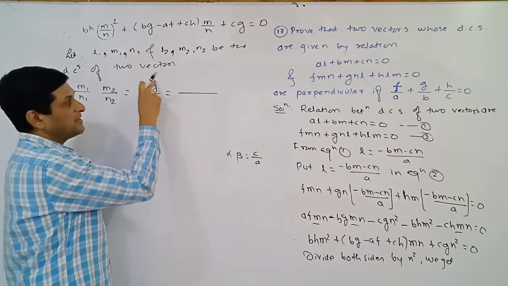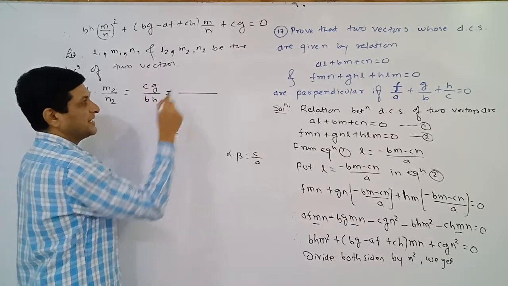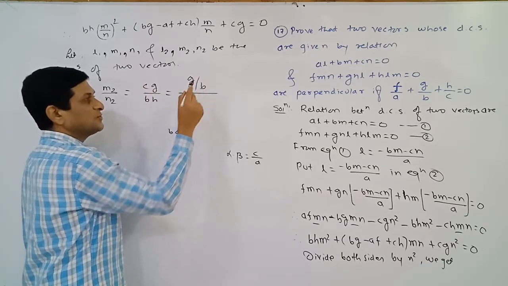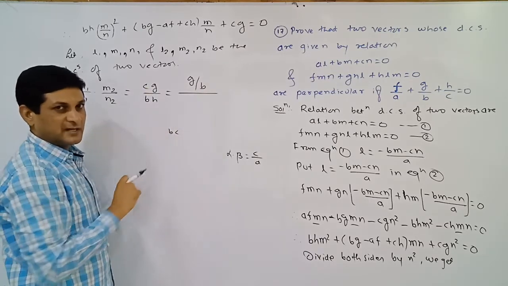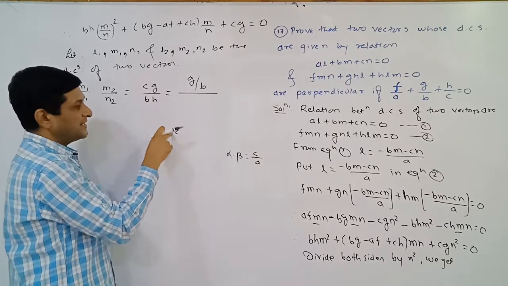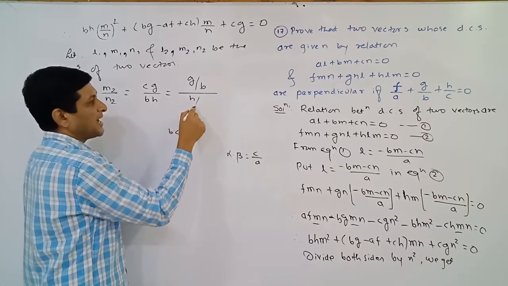BC. If I divide the numerator by BC, C will get cancelled and we will get G upon B. Since we are dividing the numerator by BC, that's why we are dividing the denominator also by BC. So if we divide the denominator by BC, B will get cancelled, and we get H upon C.